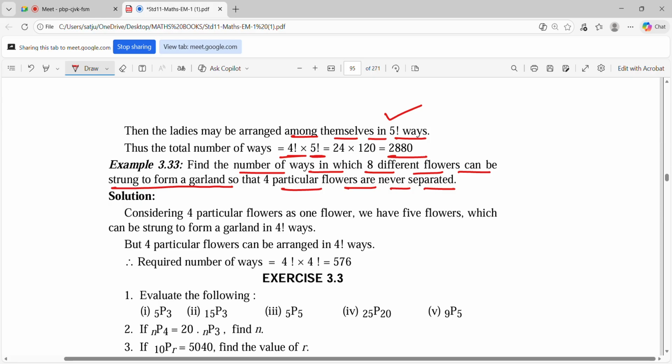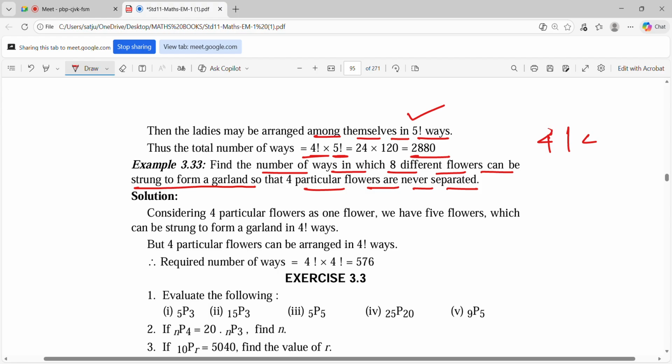So we treat the 4 particular flowers as one unit.